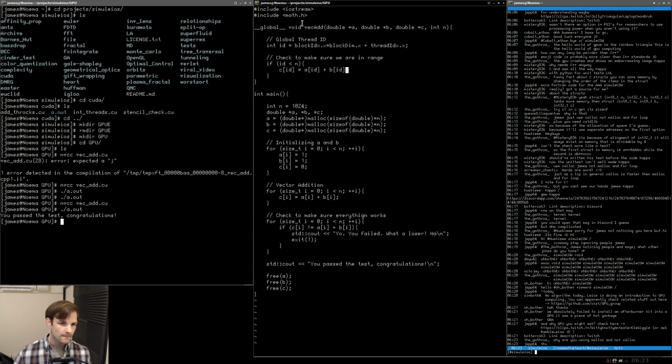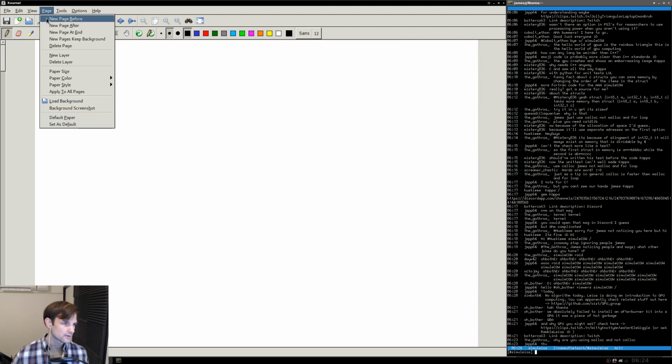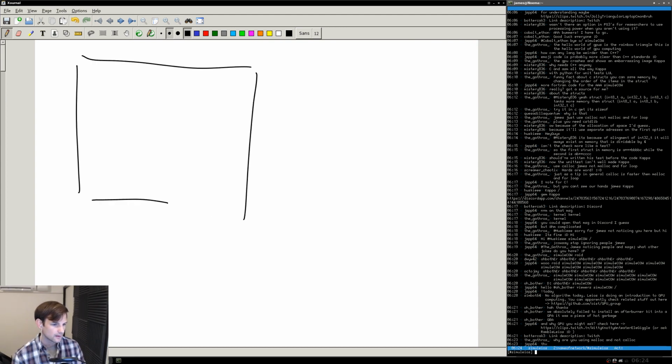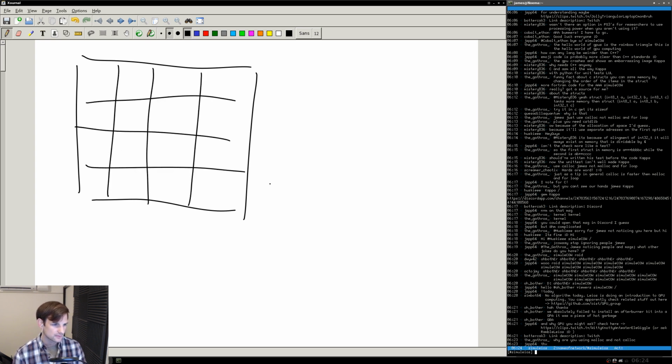Now let's talk about this int ID because this is actually very complicated and super annoying. Okay, so let's say you have a grid that looks something like this. Here's your grid, and let's just say we have 1, 2, 3, 4, 5, 6. Very messed up grid, but this is our grid. If you want to notate this, you have 0, 1, 2, 3, 4, 5, 6, 7, 8, 9, 10, 11, 12, 13, 14, 15, right?